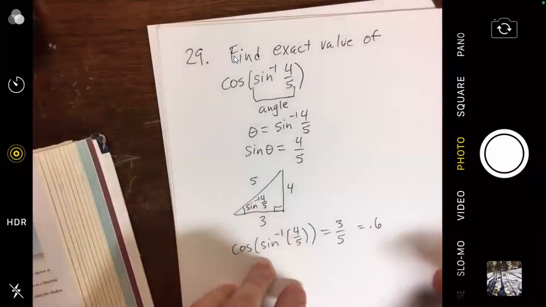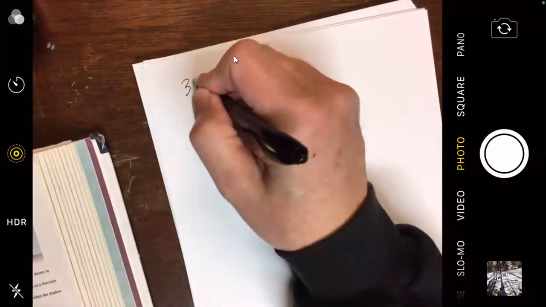Okay. I'm going to try one like 35 where they do it in X. It's harder to check this.